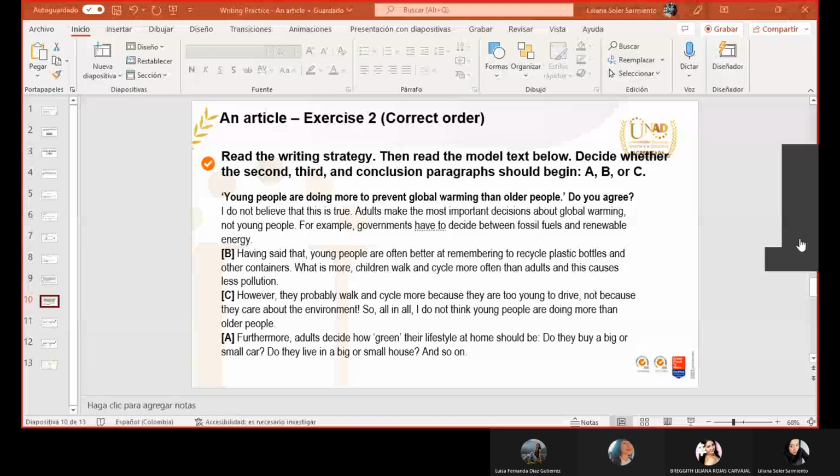Furthermore, adults decide how green their lifestyle at home should be. Do they buy a big or small car? Do they live in a big or small house? And so on.